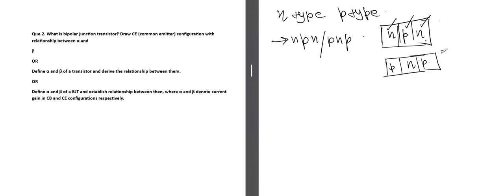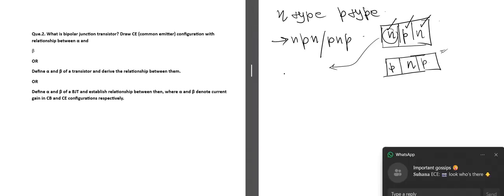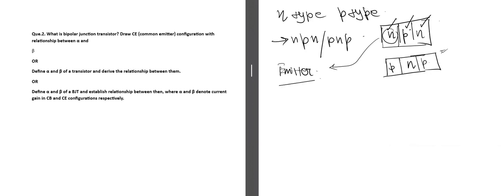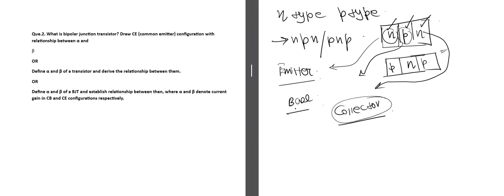Now each of these three semiconductor regions has a name. For the NPN type transistor, the first N-type region is known as the emitter, the P region is known as the base, and the other N region is known as the collector. This terminology remains the same for both the NPN and the PNP transistor.